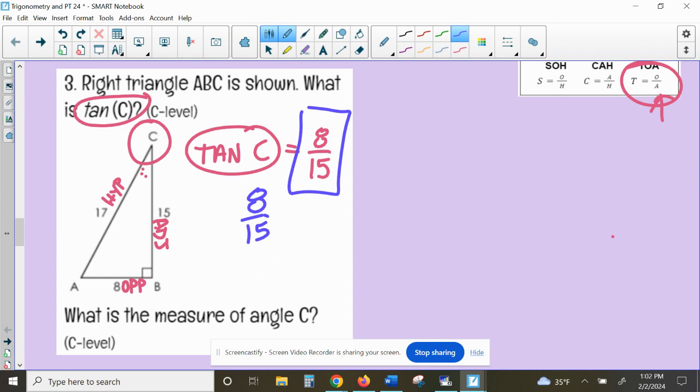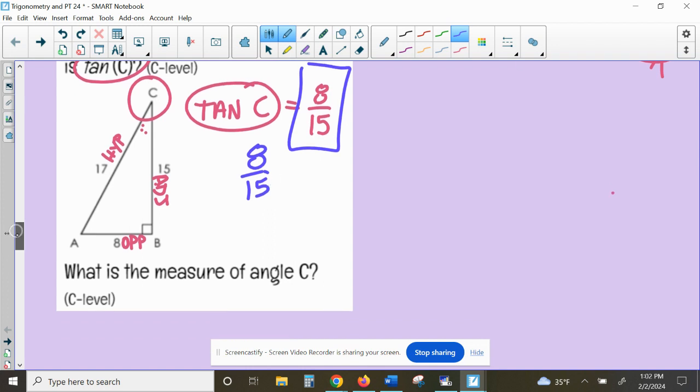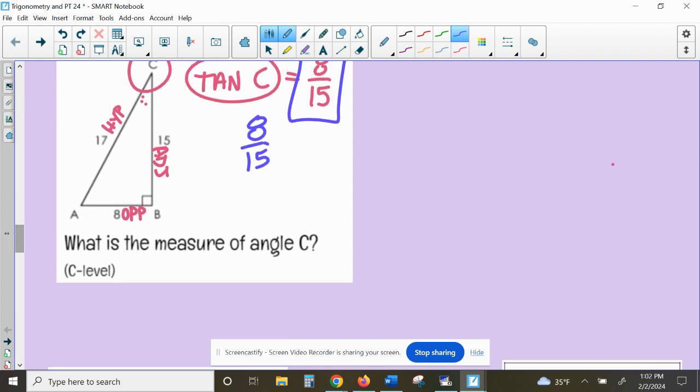Now let's go down to part B of this. So part B says, what is the measure of angle C? So if we want the measure of an angle, what's that telling you you're going to have to do? What do you have to push for angle? Second. So I'm going to put a second right by here.